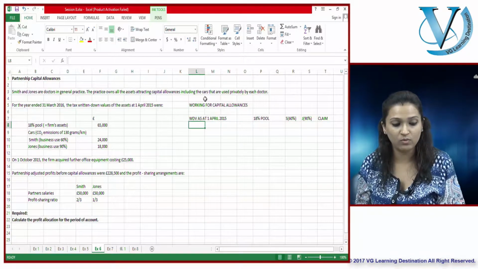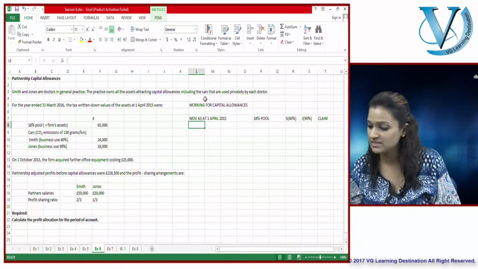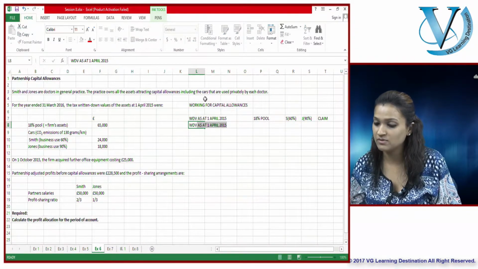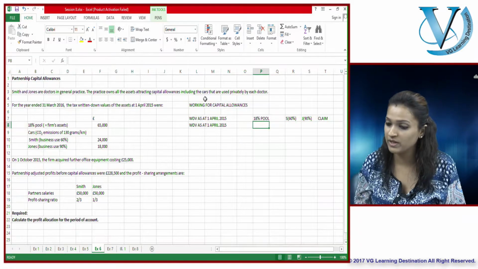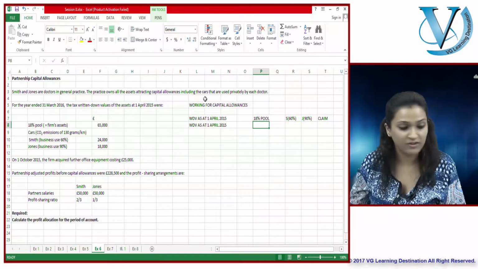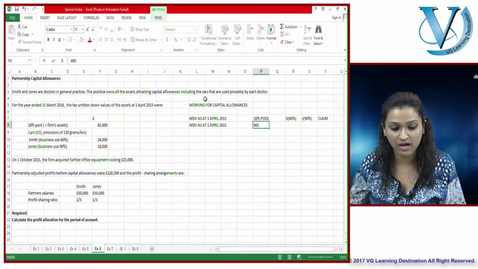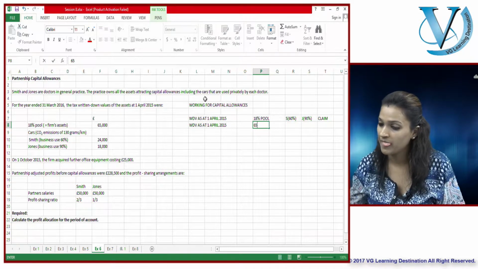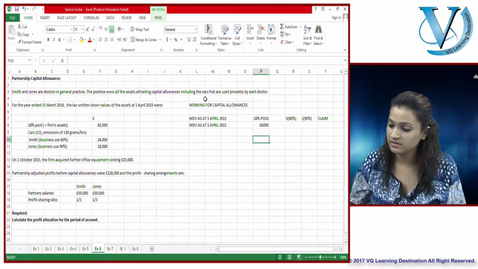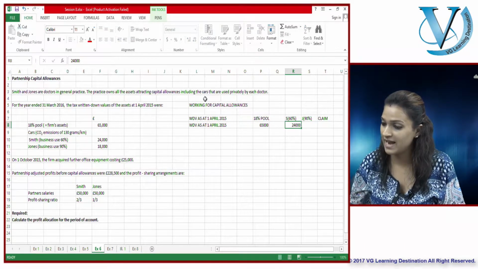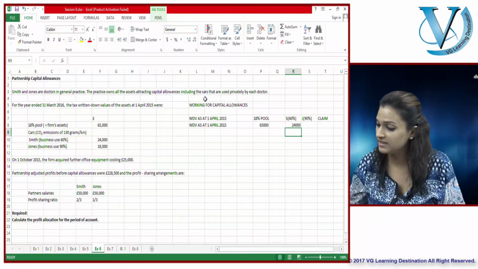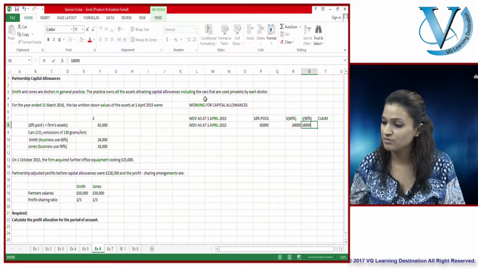So I begin with WDVs. The WDV as at the 1st of April is given to be how much? 65,000 pounds. Car is 24,000 pounds, and thereafter is 18,000 pounds.